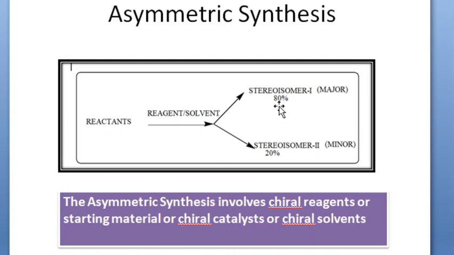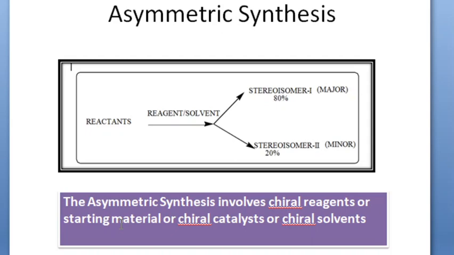If you are synthesizing stereoisomers, your reagent, solvent, catalyst or reactant must be chiral, then you will get one of the stereoisomers in major proportion. So that's how asymmetric synthesis involves chiral reagents or chiral starting materials or chiral catalysts or chiral solvents; then only asymmetric synthesis is possible.